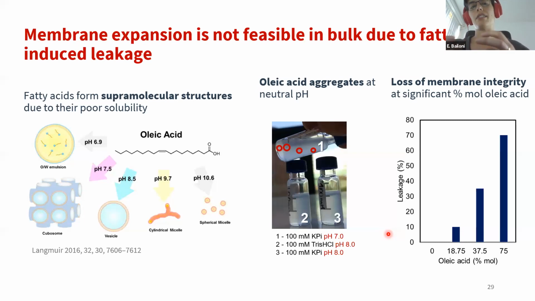And what can happen is that by feeding concentrated oleic acid, you are feeding oleic acid vesicles instead of free monomers of the fatty acid. When a vesicle of oleic acid comes into contact with a phospholipid vesicle, there might be some leakage, which we want to avoid.